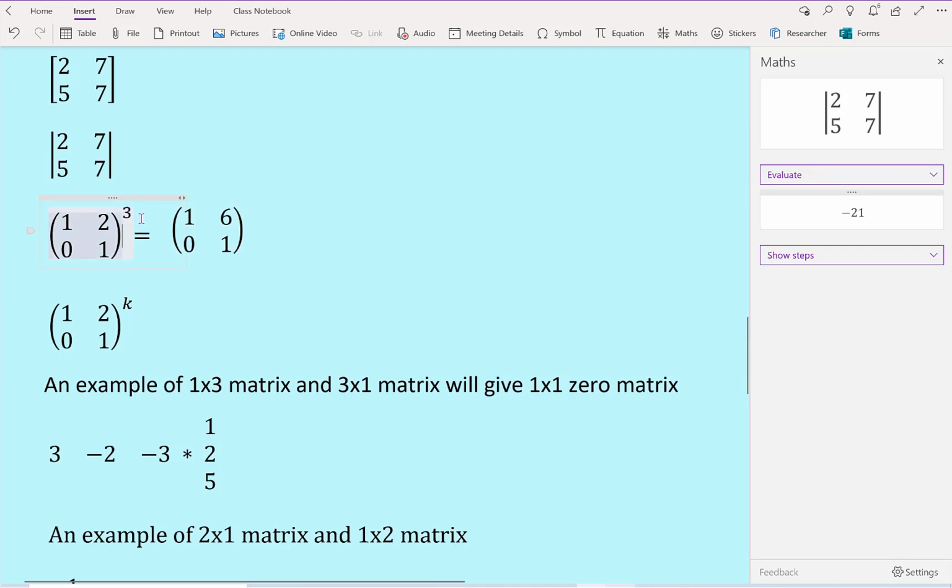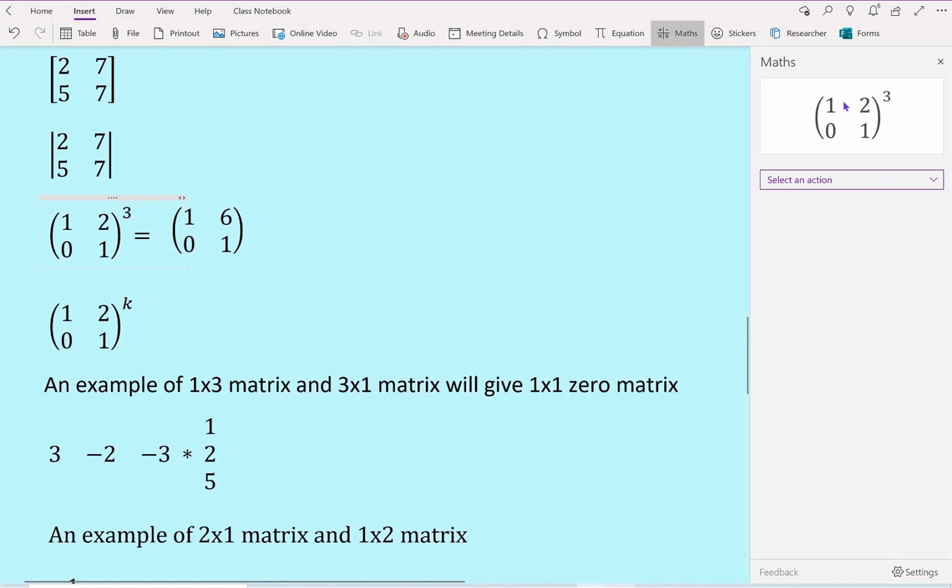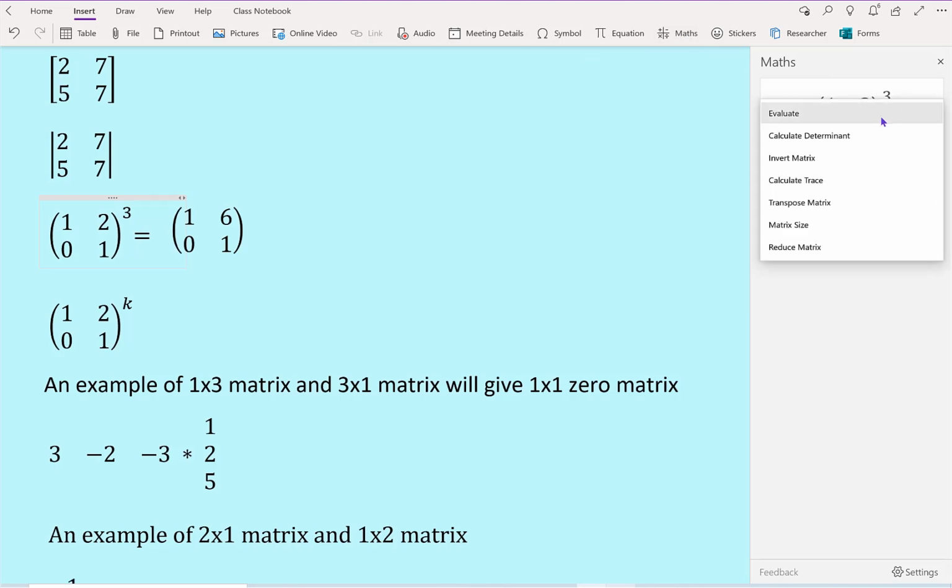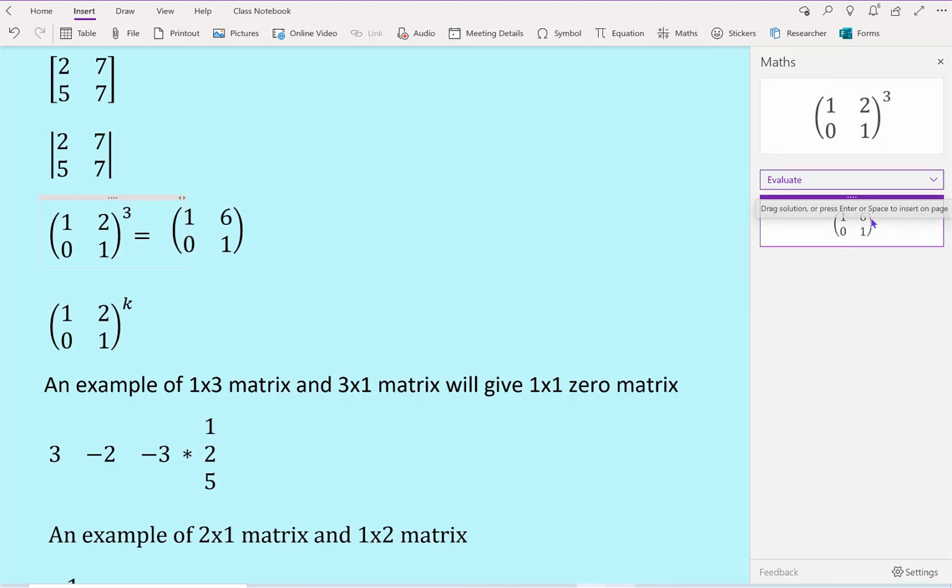Right, I'm just checking if I raise this to the power 3, it should give me the answer on the right hand side. So I'll show you the answer. Press on math and then perform the operation, evaluate. Indeed, it does give me 1601. As you can see, the 6 is the 2 times the 3.